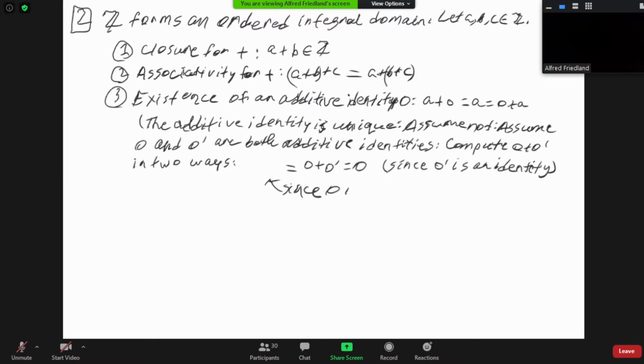On the other hand, looking at it this way, since 0 is an additive identity, the additive identity adds on either side and leaves the other number the same. So if you take the additive identity 0 and add it to this other number 0 prime, you're left with 0 prime.